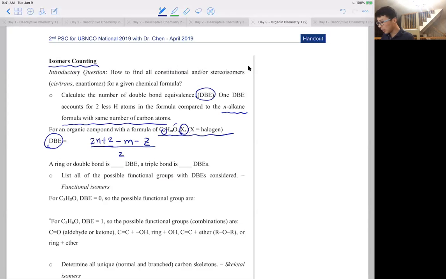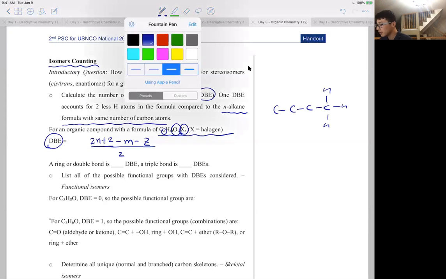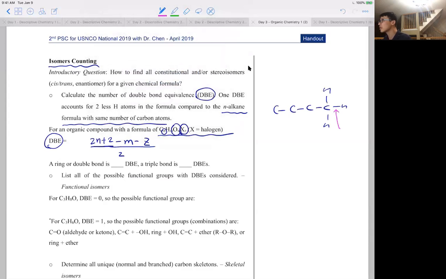Why don't we care about the number of oxygens? Yeah, the oxygen is either single bonded to a carbon, either inserted into a CH bond, so it doesn't matter, it's something in between, or inserted into a carbon-carbon bond.